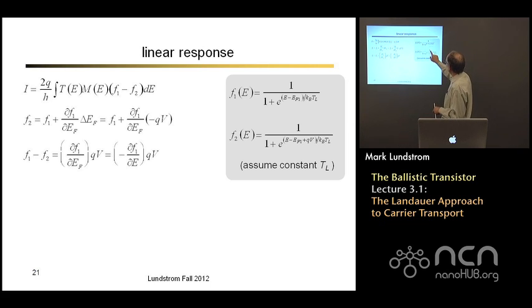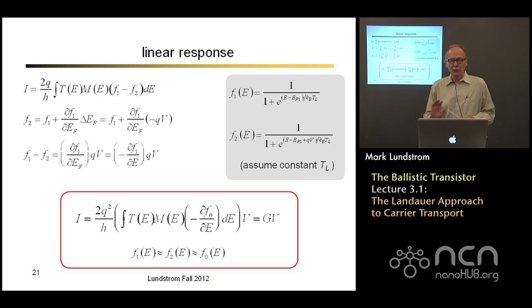If you look at the Fermi function, energy and Fermi level come in the same way. There's just a sign change. So I can also write that as minus dF1/dE times Q times voltage. So here's my final expression when a small bias is applied, and we'll use this frequently. The current is related to some fundamental constants.